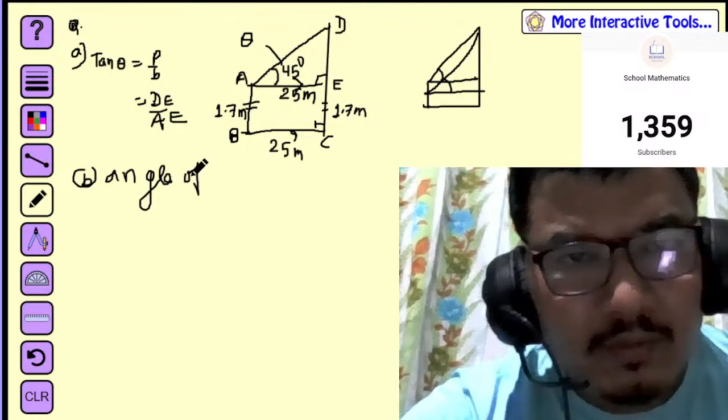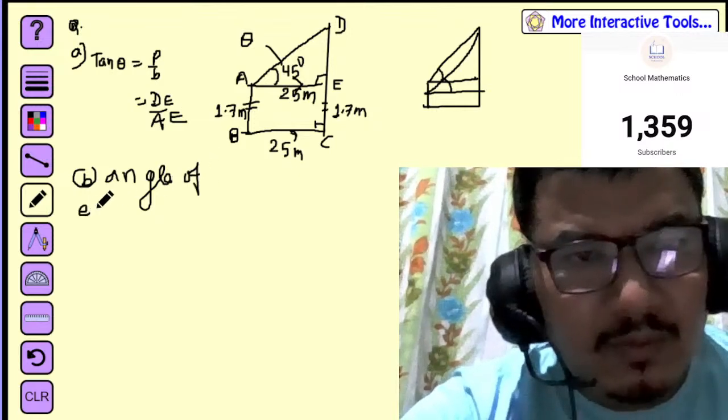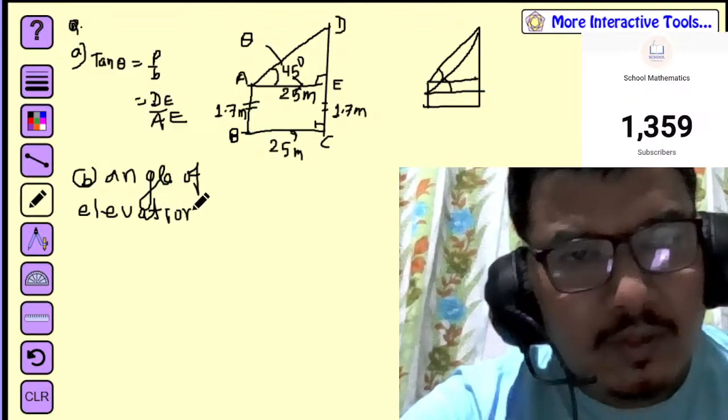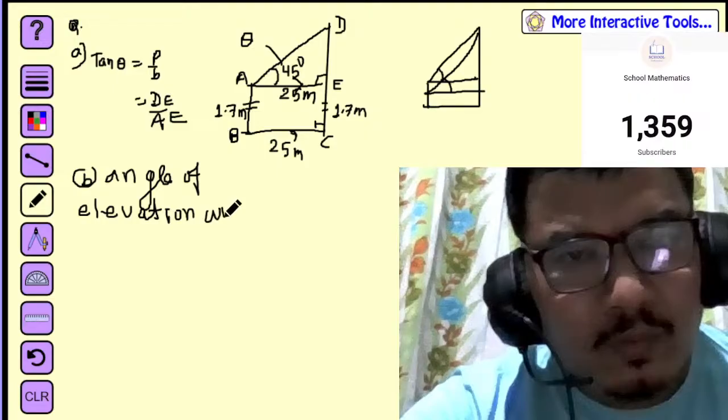The angle of elevation will be more than the previous angle.